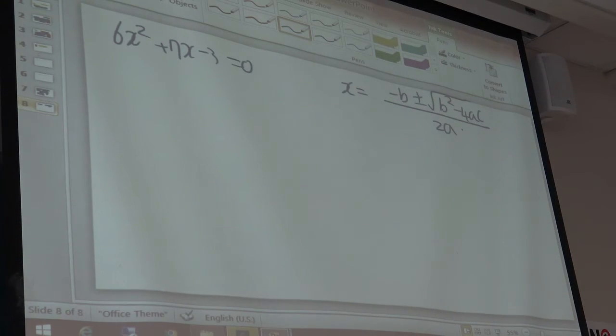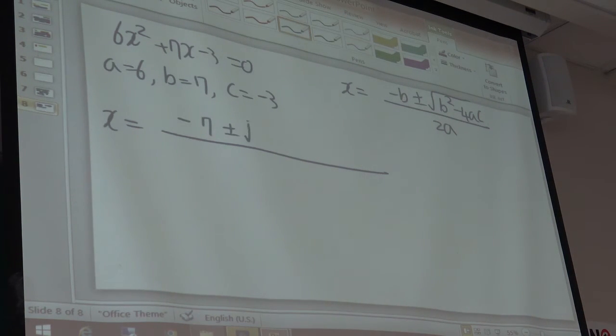Here a is 6, b is 7, c is negative 3. If we apply that, x is equal to negative 7 plus minus square root 7 squared minus 4 times 6 times negative 3, over 2 times 6.